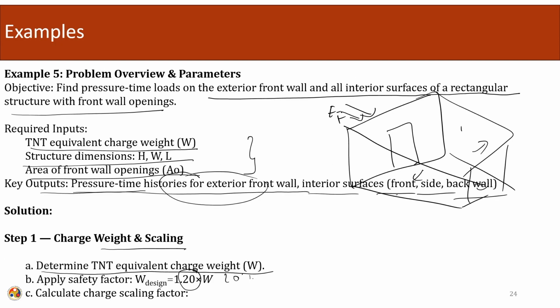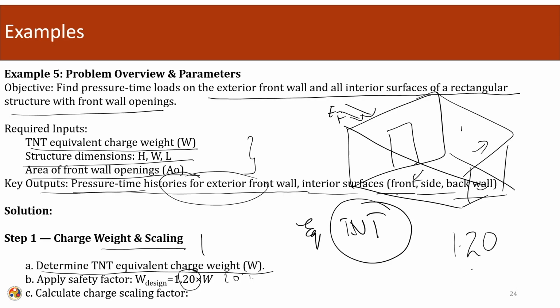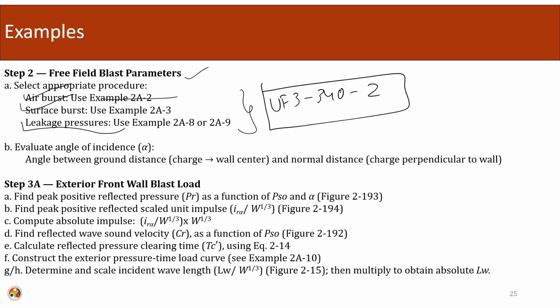First thing is to calculate the equivalent TNT. If the actual charge is TNT, then this is just multiplied by 1. If nothing is specified, then we multiply it by 1.2, that is a 20% increase. After that, we categorize the blast as air burst or surface burst, and calculate the leakage pressure also.